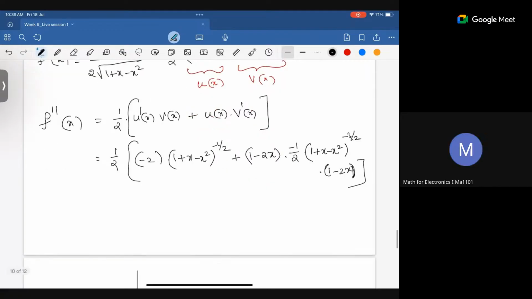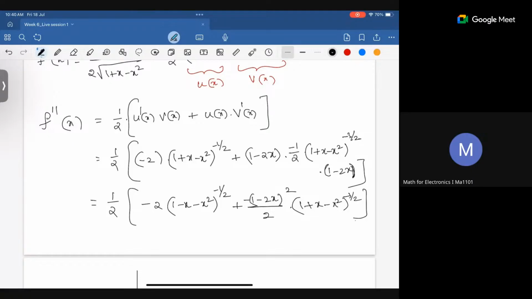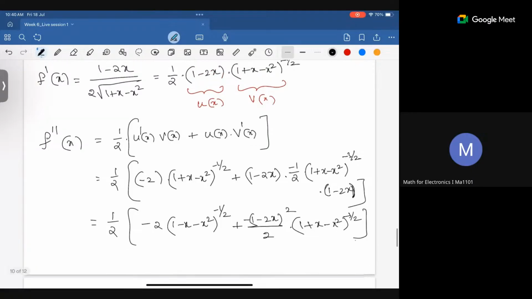Right? So if I simplify this, it is 1 by 2 into minus 2 into 1 plus x minus x square whole power minus half, plus minus 1 minus 2x whole square by 2 into 1 plus x minus x square whole power minus 3 by 2. Okay, so I think we should further simplify this.